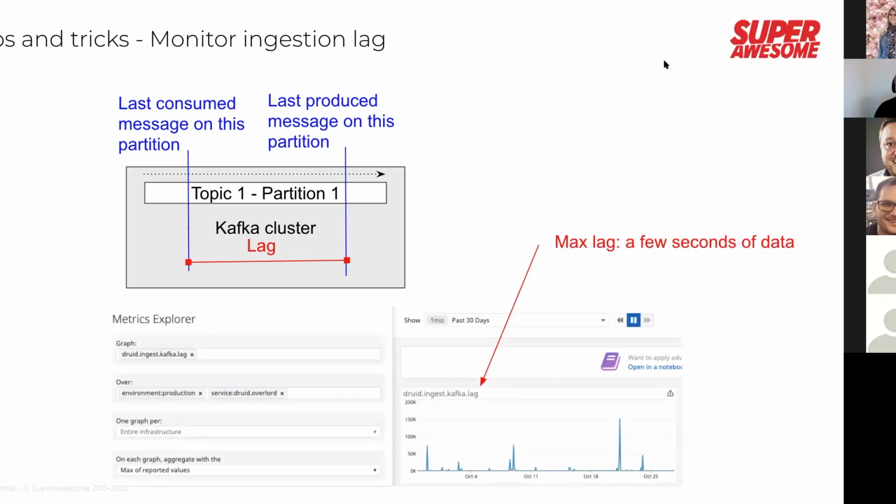It's important to monitor that because it tells you if your ingestion tasks are falling behind. It's not fully related to spot instances, but it's a good tip. On a healthy cluster, the lag would be very close to 0 most of the time, and it would occasionally spike if there is a bit of delay in the system. But most of the time, it would be very close to 0.